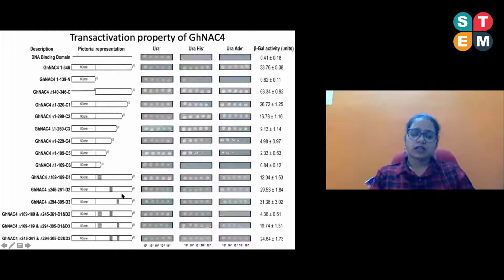Here we did a deletion analysis of the intrinsically disordered regions that we had predicted earlier, and we see that these regions are also essential for the transactivation property of GH-NAC4, and that the C-terminal domain has the property of transactivation, or the transcription regulatory property.